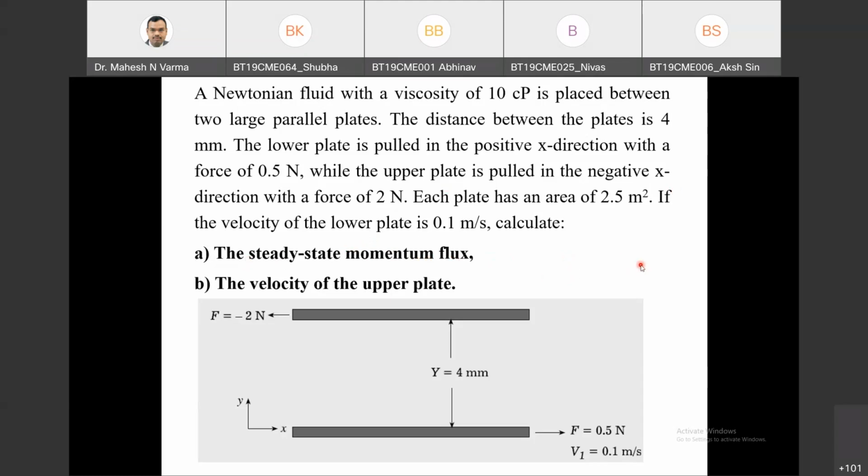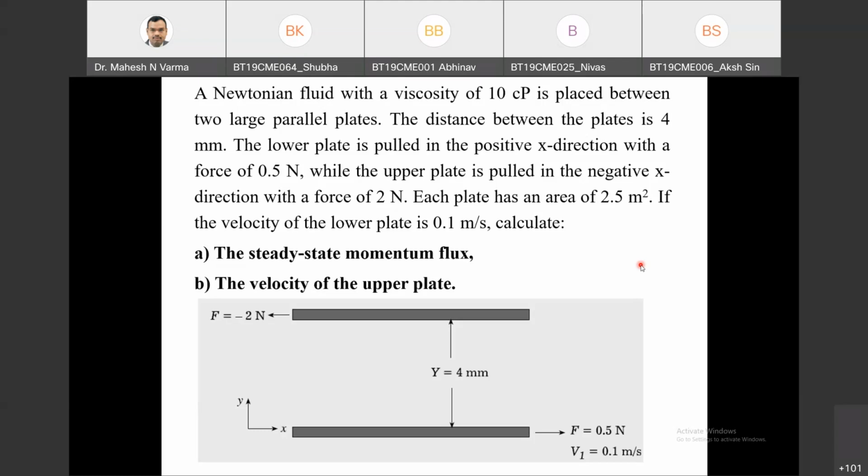So what will be the velocity gradient? 0.6. Okay. And then what will be the velocity of the upper plate? 0.06 meter per second. 0.0606. Yes, sir.